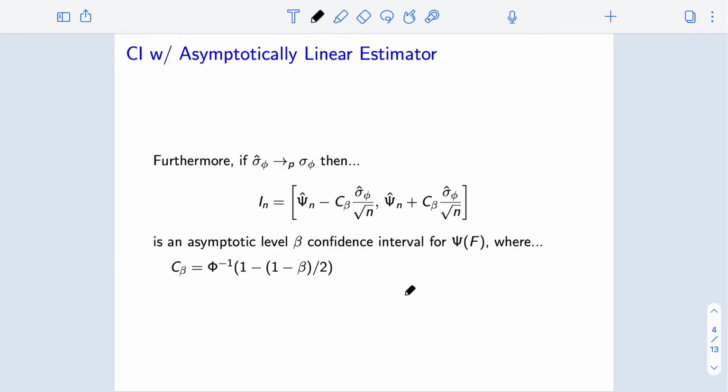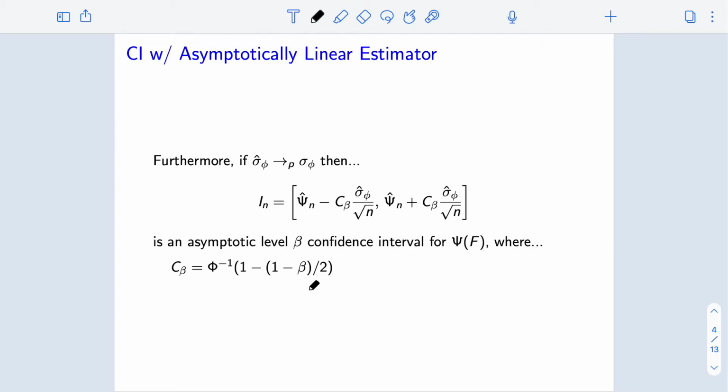So more formally, if we have a consistent estimate of the standard deviation of that influence function, and we form an interval that, again, is centered at our estimator psi hat n, where we add and subtract a multiple of the asymptotic standard deviation of that estimator, or an estimate of that, where this multiple c beta is based on a standard Gaussian distribution, then we have an asymptotic level beta confidence interval for our parameter.